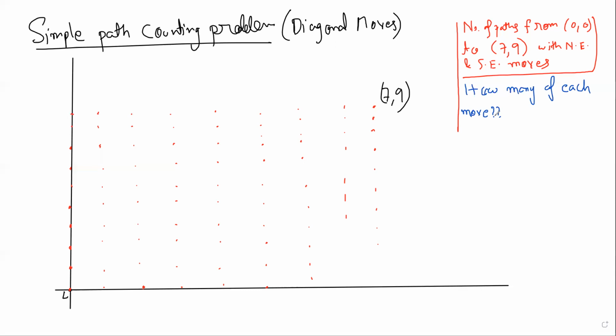So just ask yourself how many northeast moves and how many southeast moves do I need to reach 7,9. You can go below also, remember.